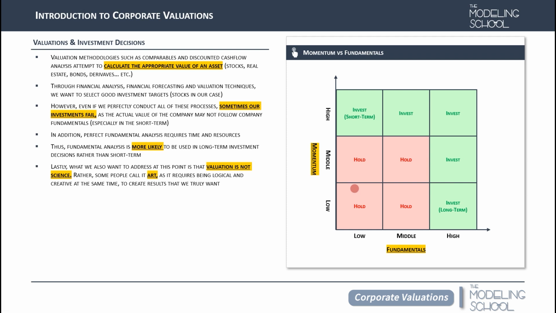For an investment to succeed, two key factors must align. So the first is the fundamental quality of the company. So this means the company's financial statements, valuation figures, things like those. So things that we're learning from these financial modeling and financial analysis courses.